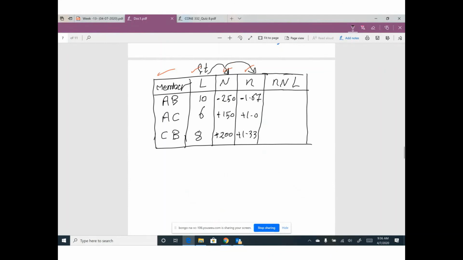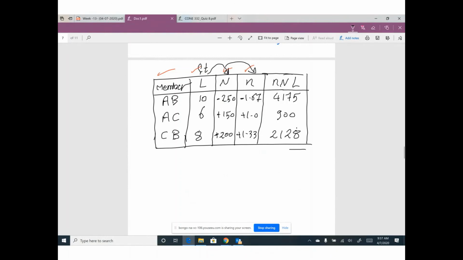So 10 times 250, don't forget your sign, times 1.67, your value will be 4,175. 6 times 150 times 1, your value will be 900. 8 times 200 times 1.33, your value will be 2,128.